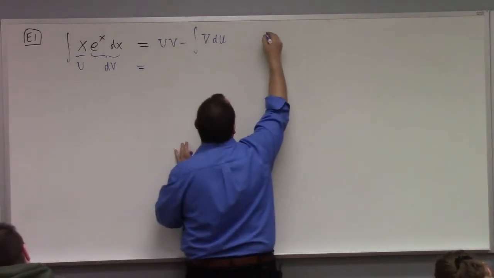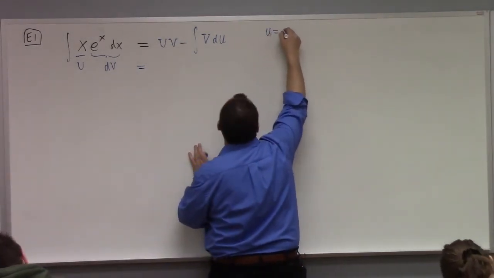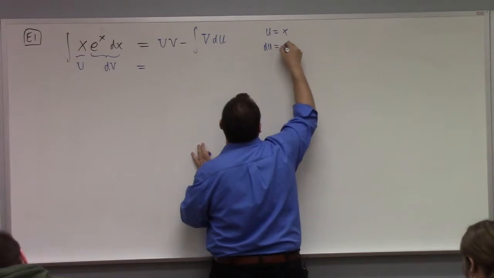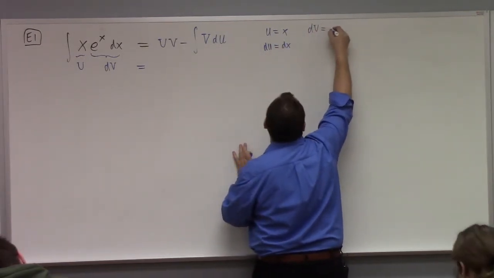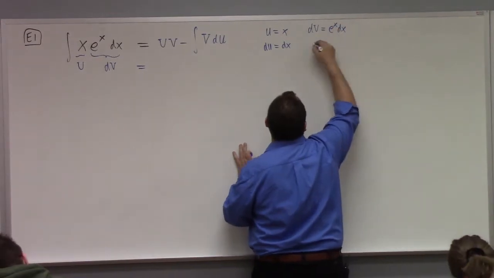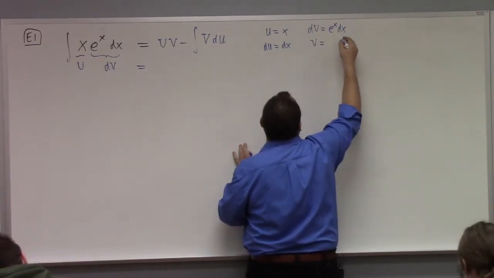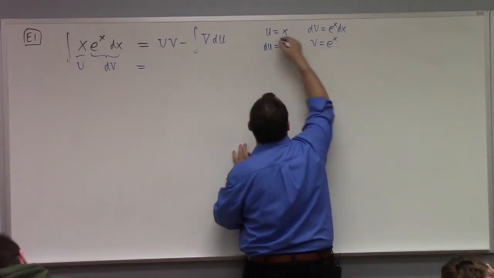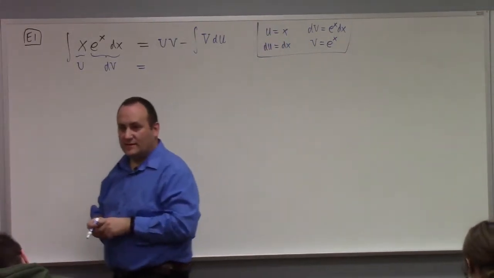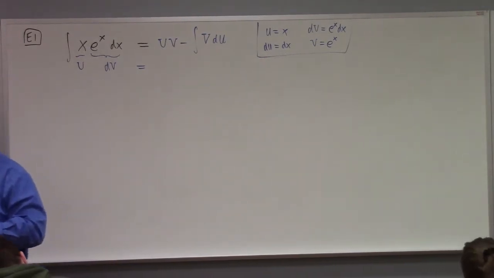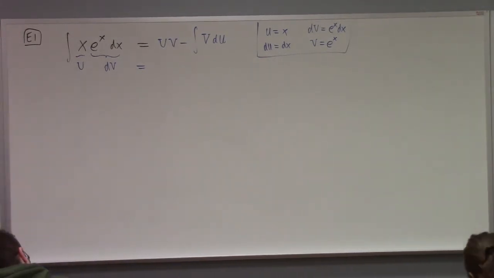If u equals x, then du is dx. If dv is e to the x dx, then what's v? E to the x, right? You might think e to the x plus a constant, but there's a reason we don't need to add a constant when we integrate the dv.